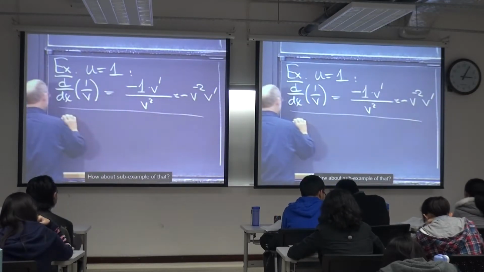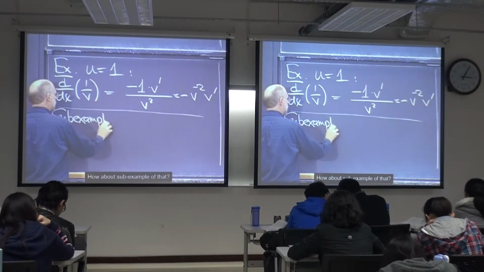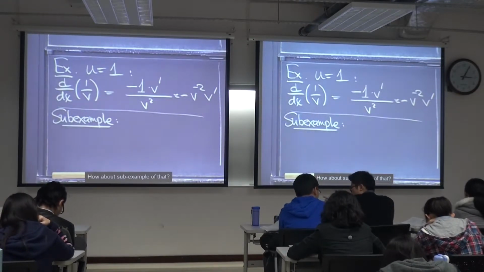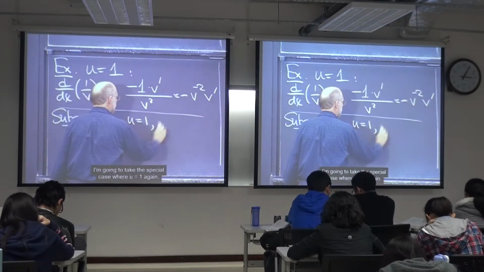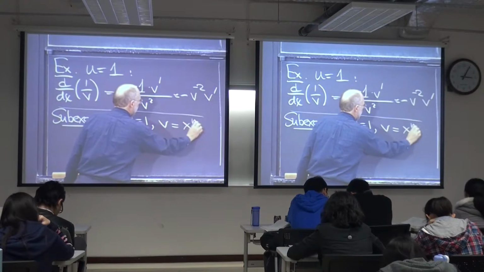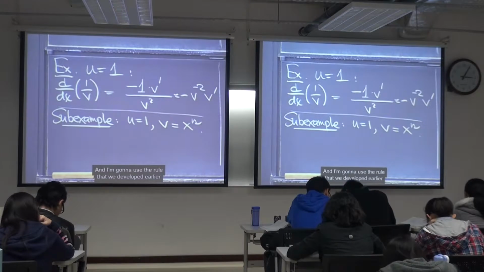How about even a sub-example of that? I'm going to take the special case where u is equal to 1 again, and v is a power of x. And I'm going to use the rule that we developed earlier about the derivative of x to the n.